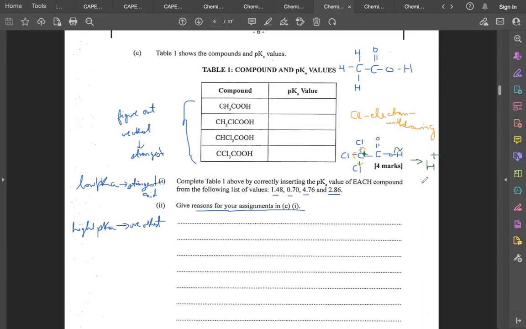Acids are proton donors, that's how we define them. So whichever one readily gives up its H+ is going to be the strongest one. So this is our direction of strength then. The one that has the most chlorine is going to be the strongest, and the one at the top is going to be the weakest. So is that clear?